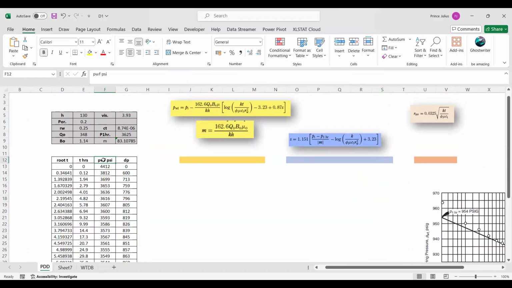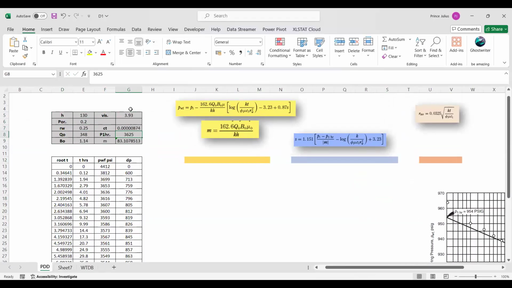But time in hours and pressure are the ones we saw in the presentation, and all the remaining values I kept here: h thickness, porosity 0.2, r_w wellbore radius, flow rate of oil, formation volume factor, viscosity, and total compressibility.